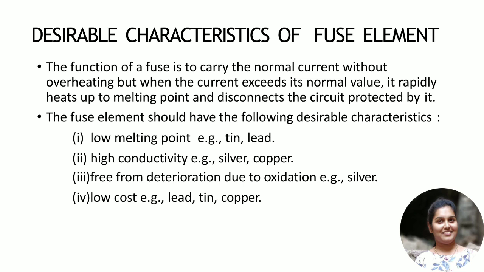Except for silver, all the other metals like tin, copper and lead cost less when compared with silver. So these metals can be used for the construction of the fuse element.